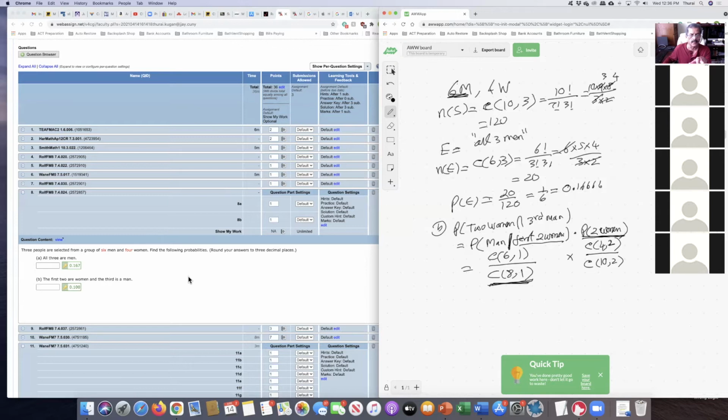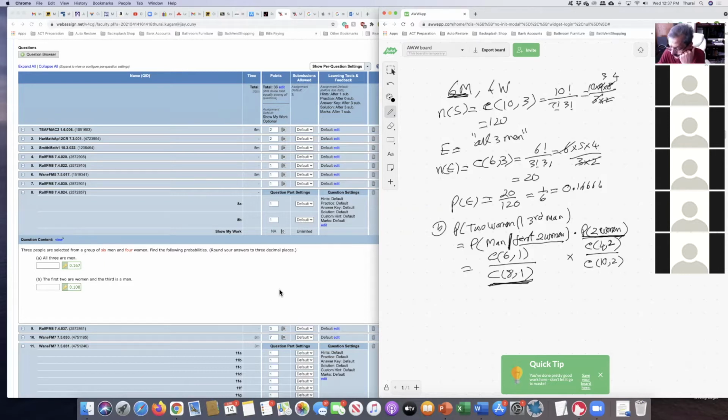All right, so we don't have any more time for the discussion. Sir, how did you get C8, 1 again? Okay, so the whole thing is now broken up into taking 2 first, and then taking 1. It says first 2 have to be women and third has to be man.